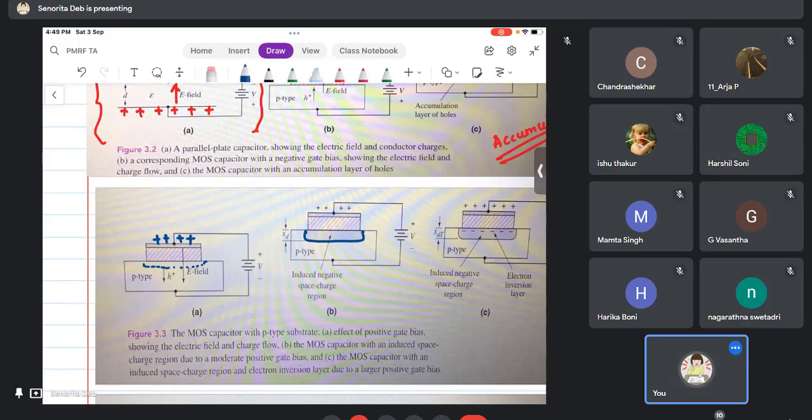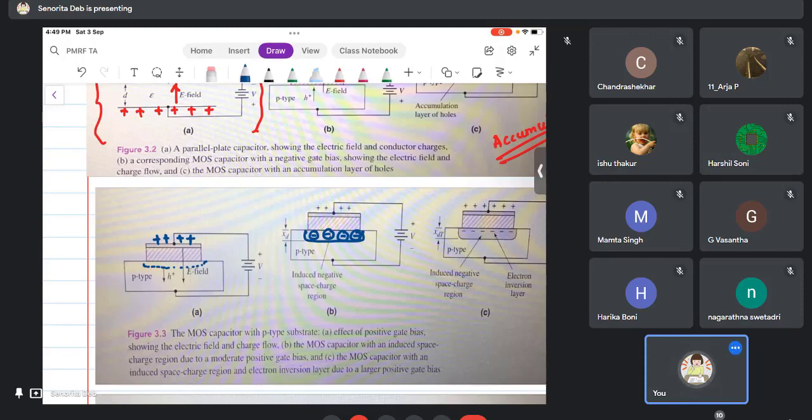Because the holes have moved away, these ions are present. The ions are present, so no current will flow. These are immobile ions, right? So these ions have come, and therefore this is now not having any current. It is just devoid of any movable charge carrier.